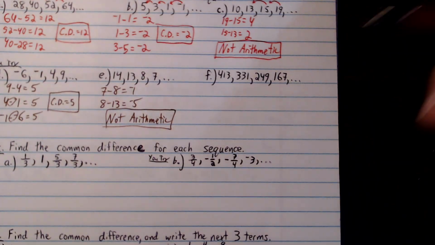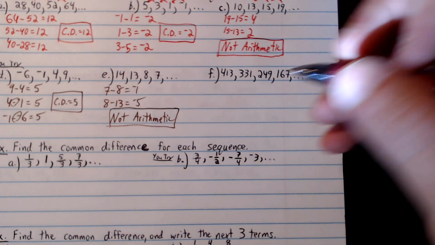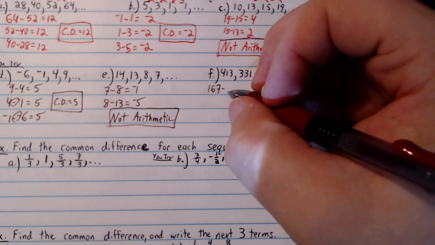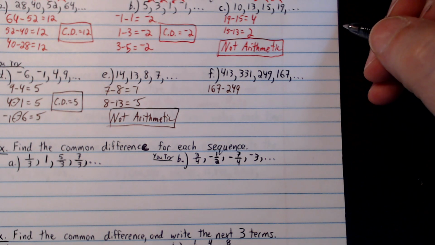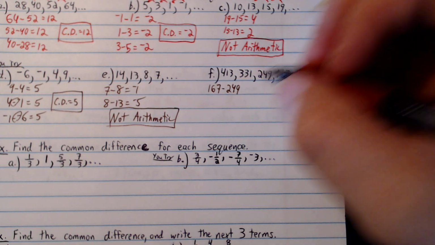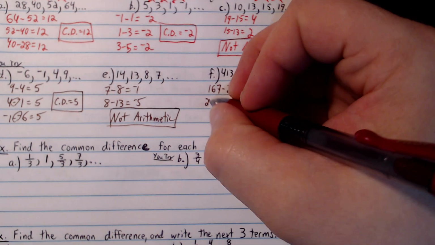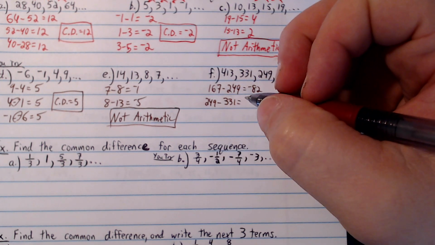All right, this last one, again, you could have used a calculator, would have been fine with me. I'm probably going to be doing that right now just to make this faster for everyone who's watching this video. So let's see. 167 minus 249. That's negative 82. 249 minus 331.